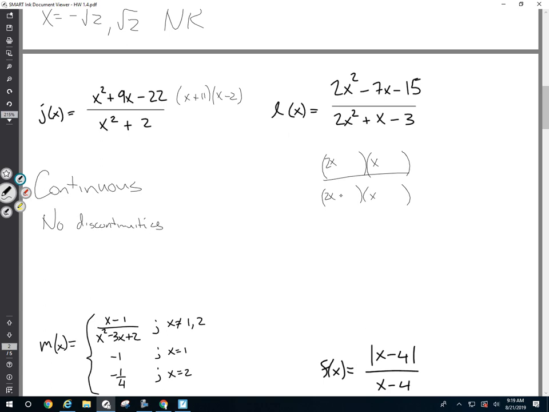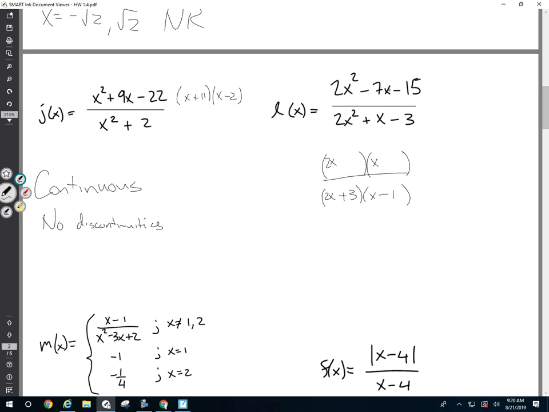So I'm thinking this should be a plus 3 and this should be a minus 1. Because distributing everything, I'd have 2x squared, negative 2x, plus 3x, and negative 3. This turns into 2x squared plus x minus 3. That's what I wanted. So that's the factored form.